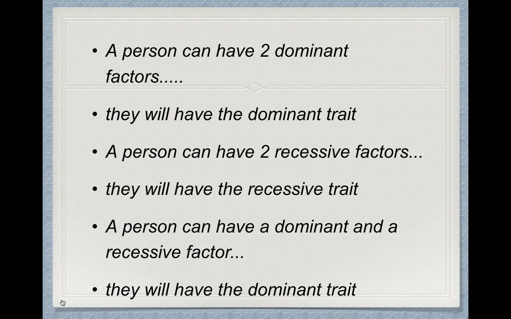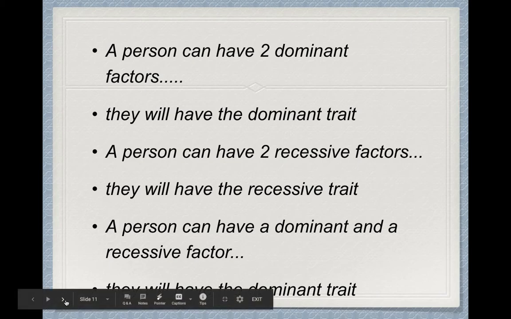They could have a dominant and a recessive, which means they still would be tall. Or they could have two recessives, which means they would be short. And that's why the next generation in Mendel's experiment had mostly tall, but some short pea plants.